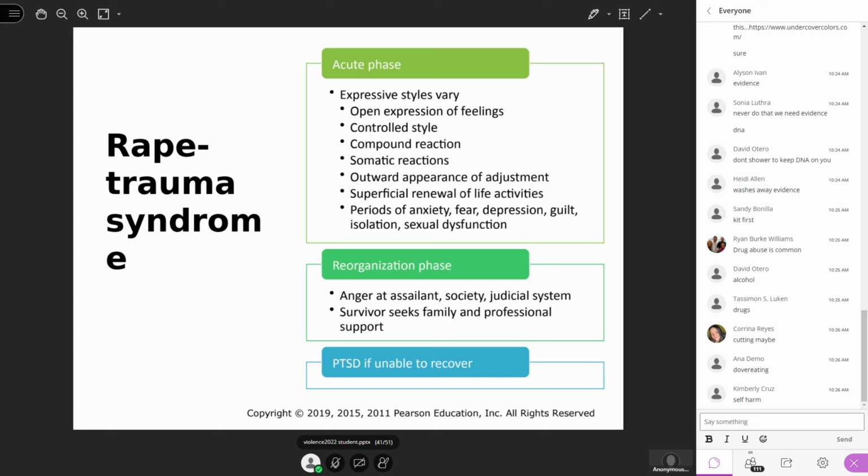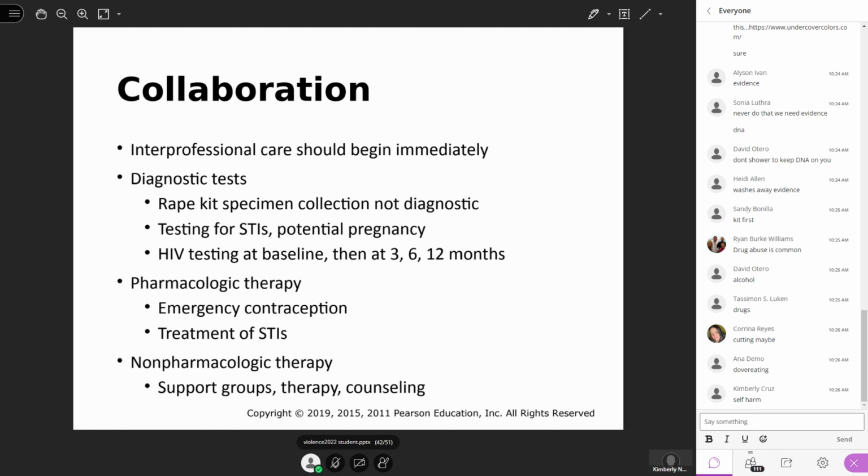Later on, they start to develop anger at the person who has raped them. They might be angry towards society or the judicial system. They need to make sure that they are seeking out support from family and other professionals. Okay. If they do not seek treatment, and even if they do seek treatment, they can develop post-traumatic stress disorder. Okay.